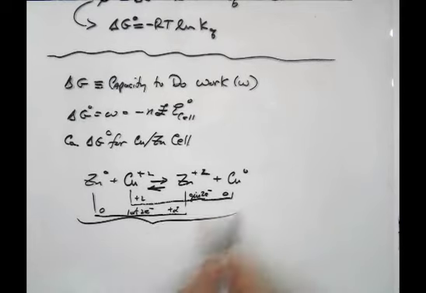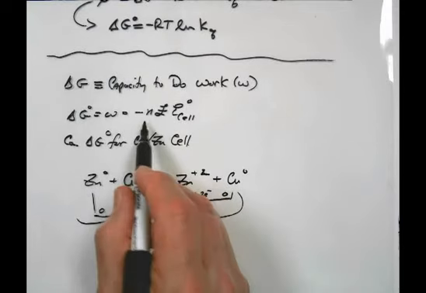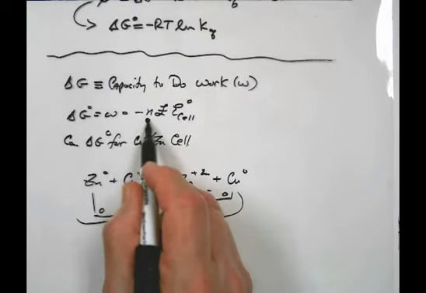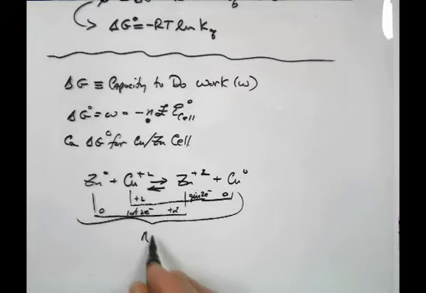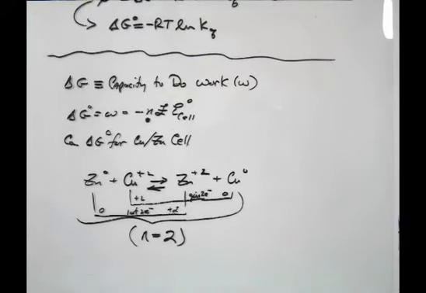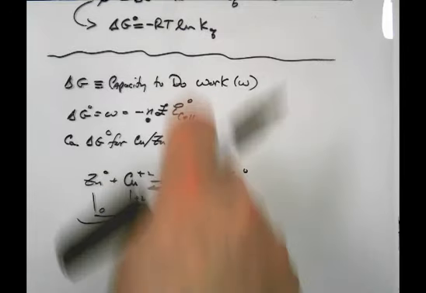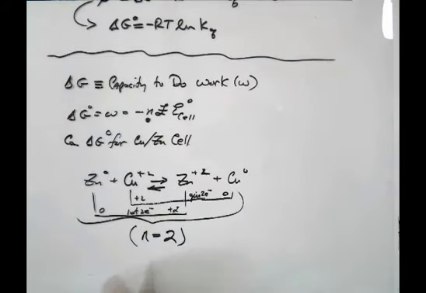So what this means is that in this equation, N is the number of electrons being transferred in the oxidation reduction process. So N is equal to 2 in that equation. It's the balanced oxidation reduction equation, and you will not always have these the same, like in this. I'll show you in a minute.